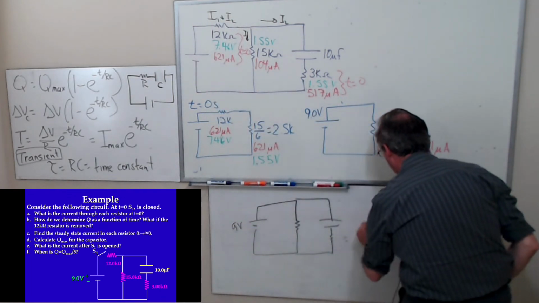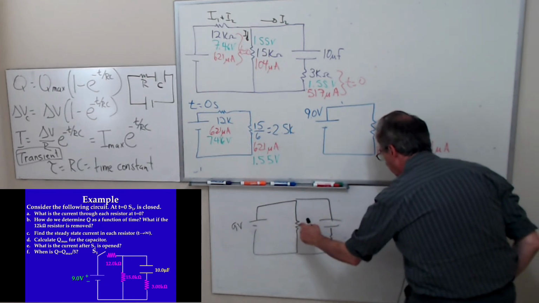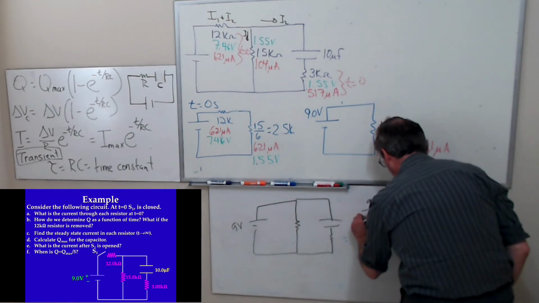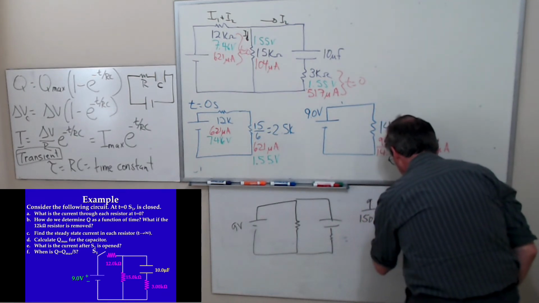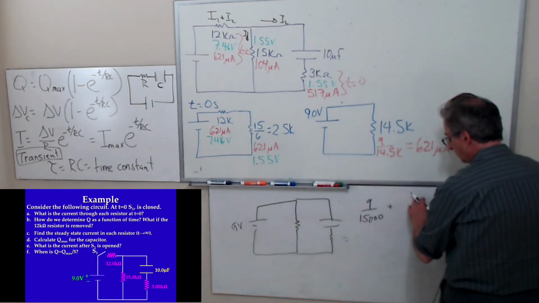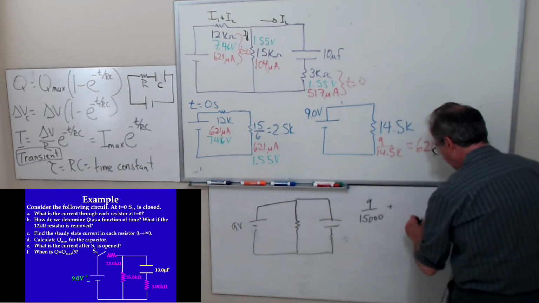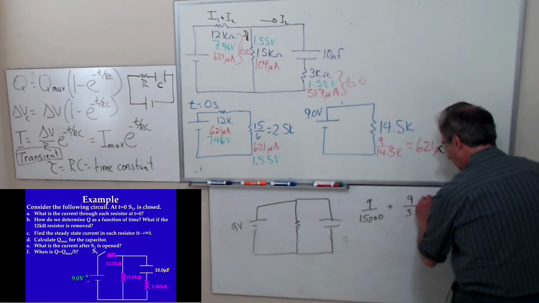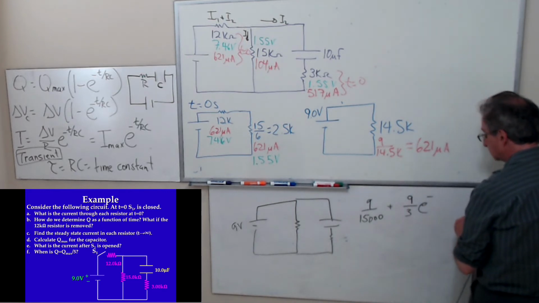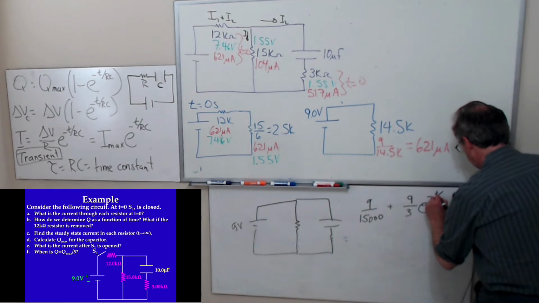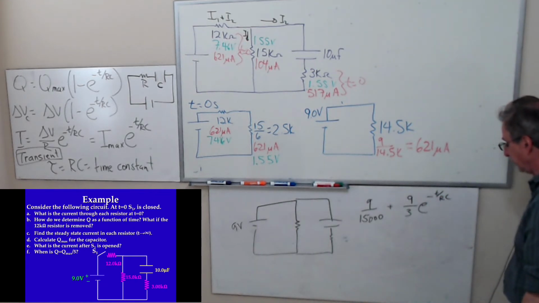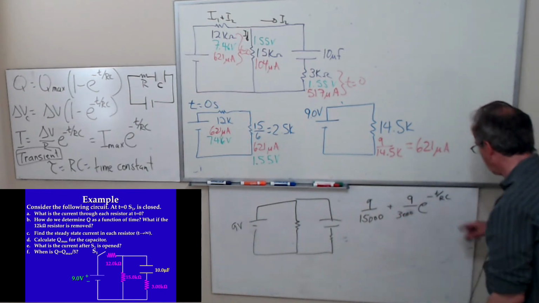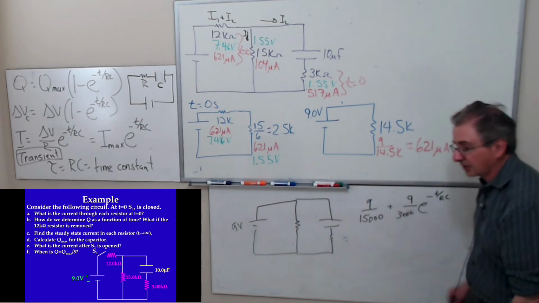The total current delivered by the battery is going to be, the current through here is going to be 9 volts over, what is that resistance, 15 kilo ohms? Plus, the current through this loop is going to be, that's it, 10 over 3,000, where R is this resistor and C is this capacitor.